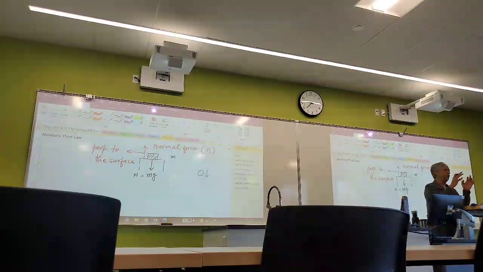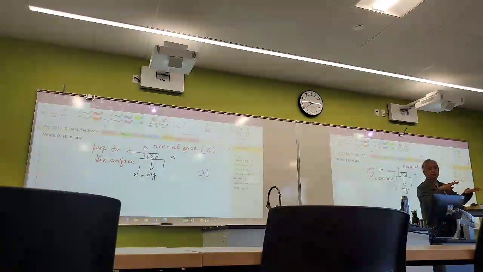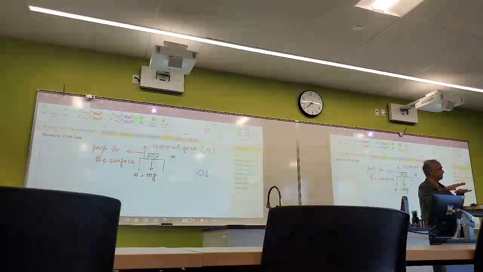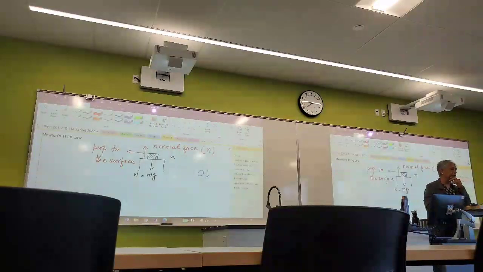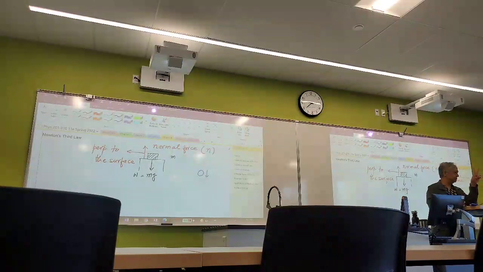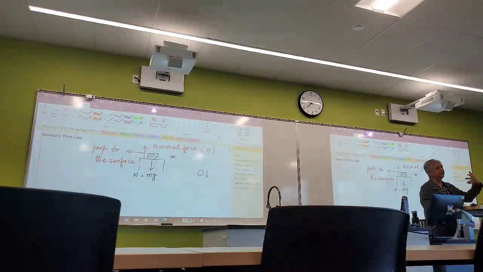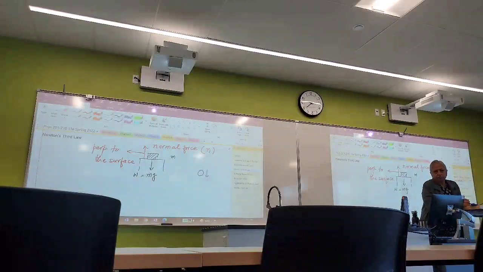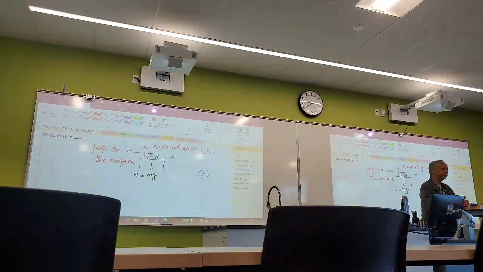You have to draw a normal force whenever an object is resting on a surface. Got it? So I introduced two forces right now, right? Weight and normal force. Which is always present, weight or normal force? Weight. Normal force is present whenever there is a surface, right?